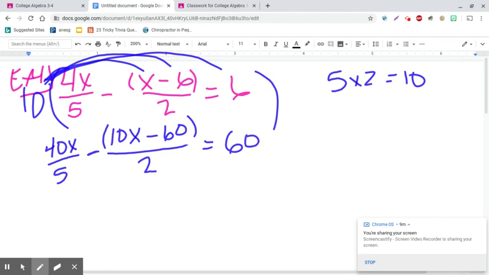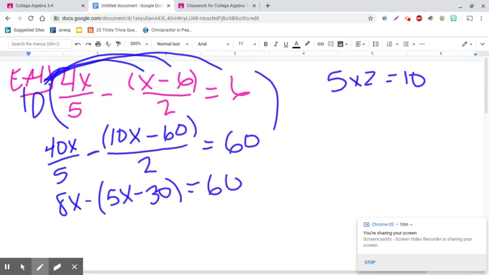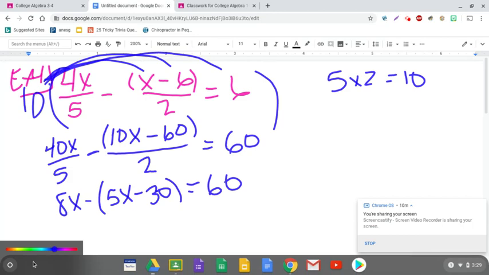Okay. So now let's divide out. 40x divided by 5 gives us 8x. Minus 10x divided by 2 gives us 5x. And negative 60 divided by 2 gives us negative 30. Close your parentheses. And that's going to equal 60. All right, guys, this is why it was very important to use parentheses. Look at where we are now.